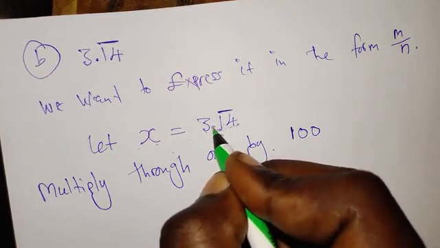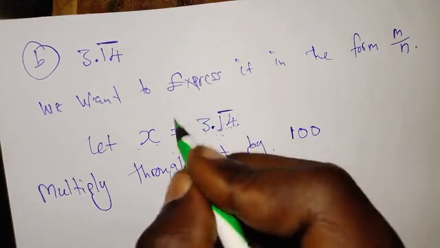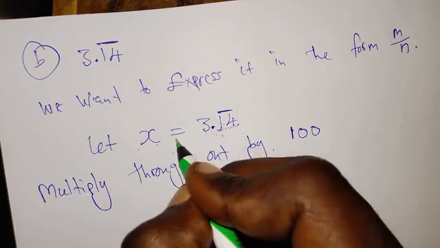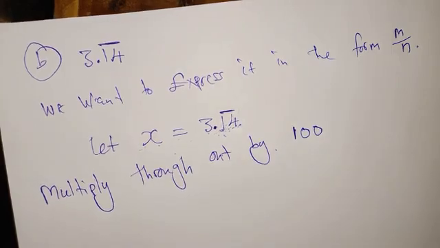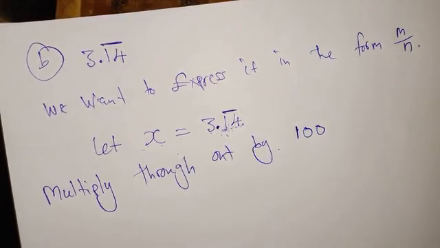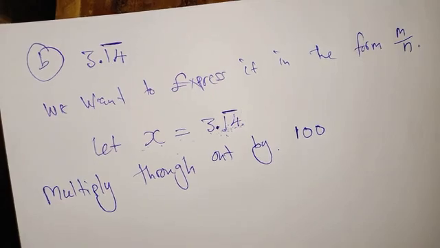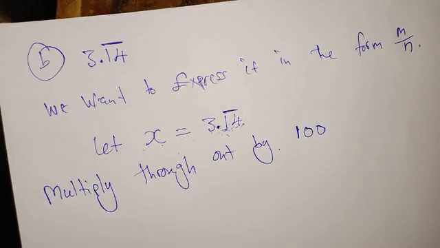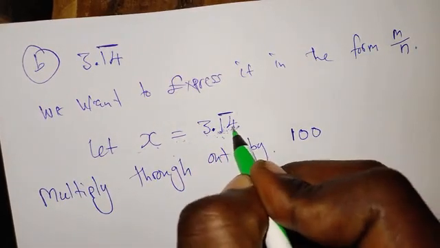This point should move twice to my right hand side so that I have the same repeating numbers. Remember, I need to have two expressions which have the same repeating decimals. The first expression is x equal to 3.14.